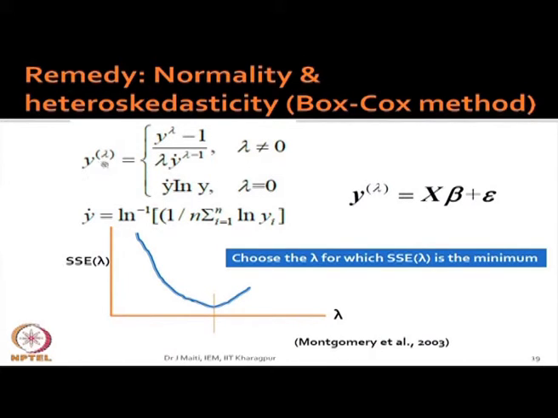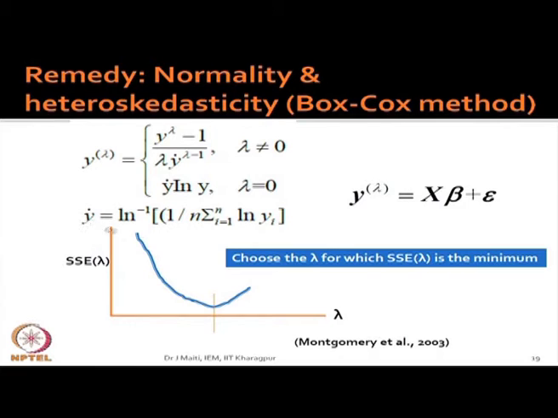Depending on the value of lambda, the transformation will be like this. So, y to the power lambda, within bracket, is y to the power lambda minus 1 by lambda y dot to the power lambda minus 1, when lambda is not equal to 0, and when lambda equals 0, this will be y dot log y, where y dot is basically the geometric mean.